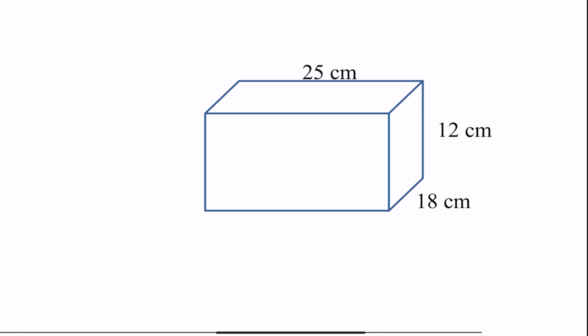So this is a rectangular prism. Typically, you would see the right plane, left plane, but we don't see them. It's actually covered. So let me just draw some dotted or dashed lines so that you can see what we're dealing with here.